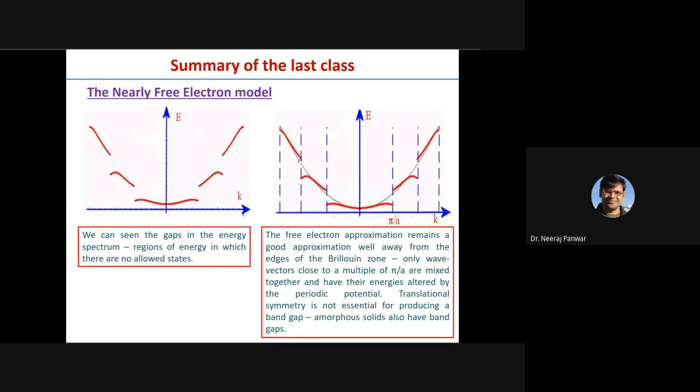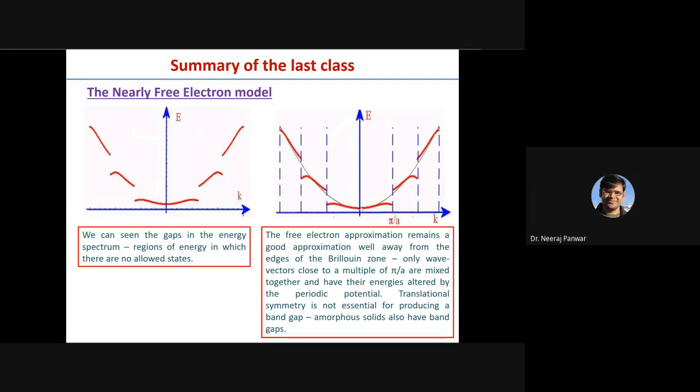And we can see the two things have been plotted simultaneously. This blue line represents the free electron behavior. It is shown by a parabola, and then superimposed over it is the E-k diagram when we consider the weak potential, or the nearly free electron model.